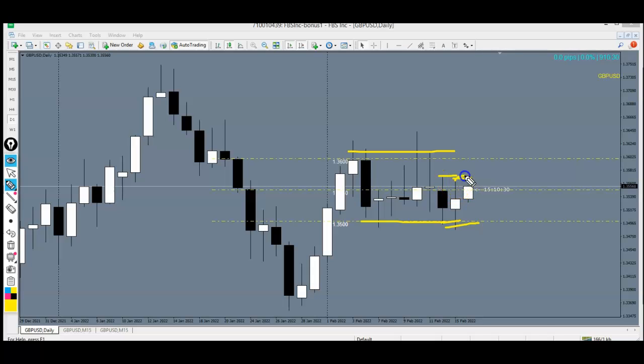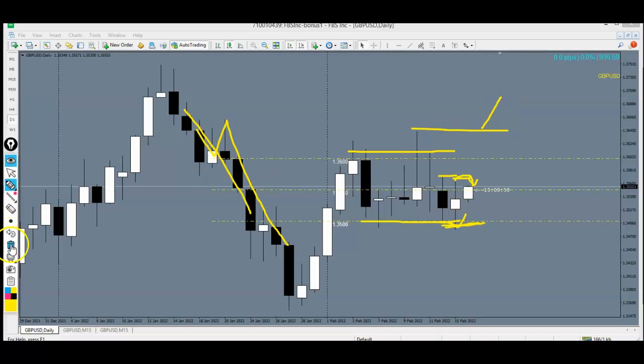So when it gets to this top, for instance, I'll be looking to short, and when it gets to this bottom, I'll be looking to buy until it's in a trend. When it's in a trend like this, I'll be looking for pullbacks and then continue in that trend. But we'll continue in this format until it breaks out on either of those levels. It breaks out, and then we'll start trading the trend again.